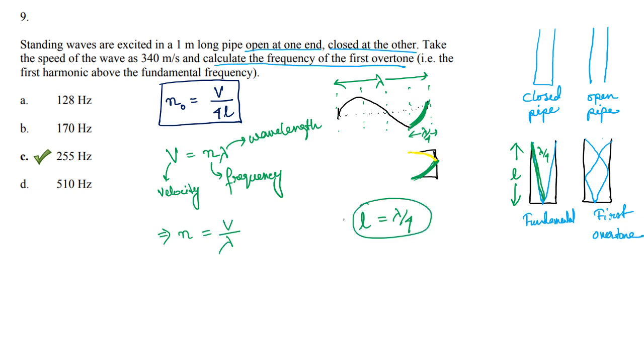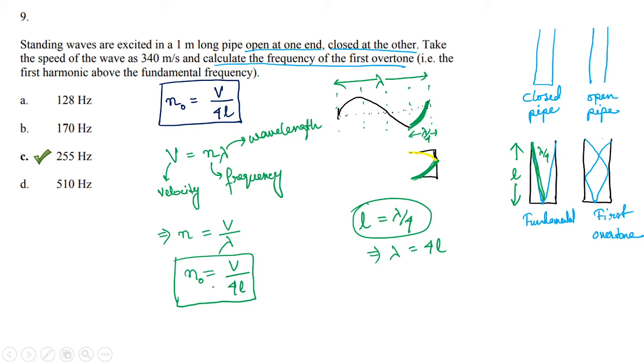And from this we can write lambda equal 4L. So here we can get n equal v by 4L. So this is the fundamental frequency N0. I hope you could understand how we get this formula of fundamental frequency.